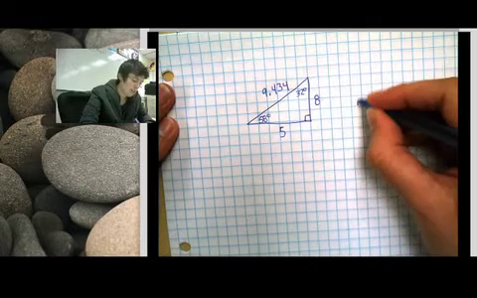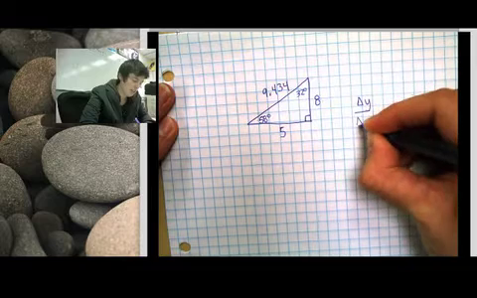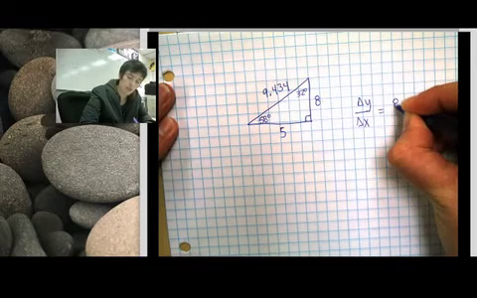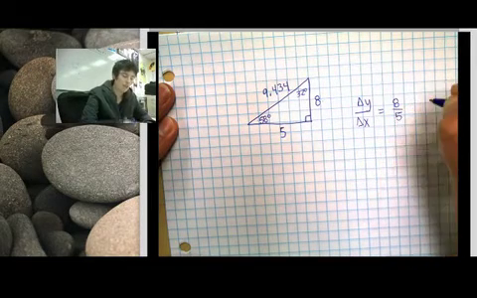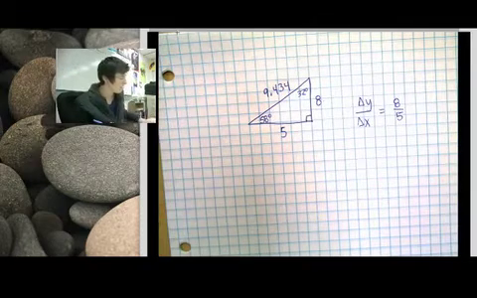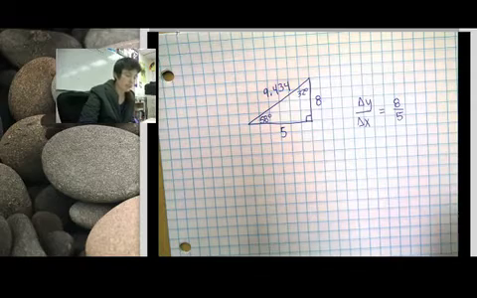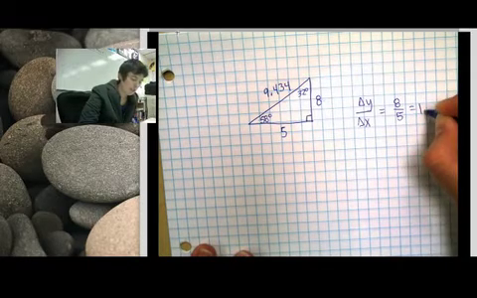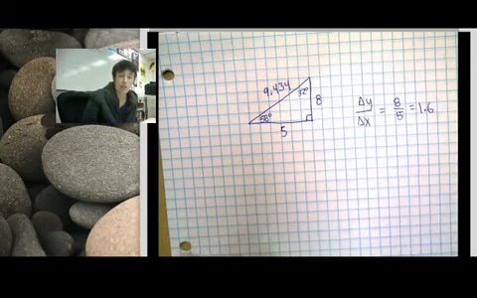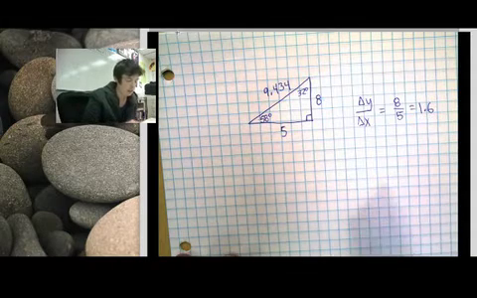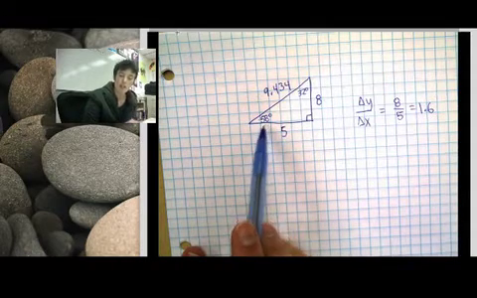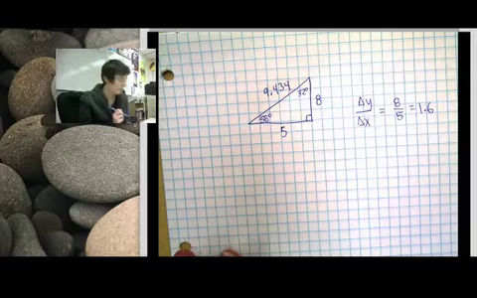So delta y over delta x equals 8 over 5. And if I divide 8 divided by 5 in my calculator, it's going to be a decimal. It is 1.6. So this triangle has a ratio of 1.6, and it relates to 58 degrees. Okay, well, I want to show you something cool about this calculator.